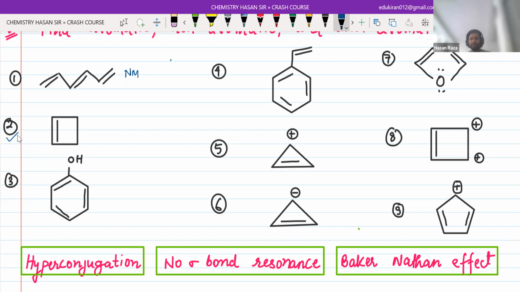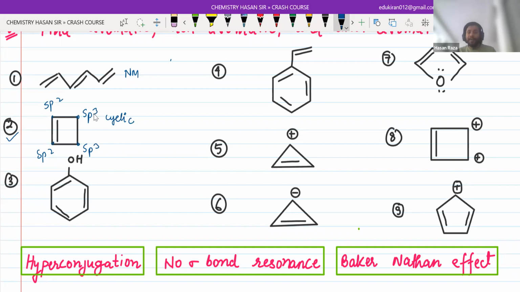Any answer for the second one? No, Adriel, you have to check whether it is cyclic. Yes, it is cyclic. Then check the planarity. For planarity, the carbon should be either sp or sp2 hybridized. This is sp2 and this is also sp2. But this is sp3 and this is also sp3, which means it is not planar.